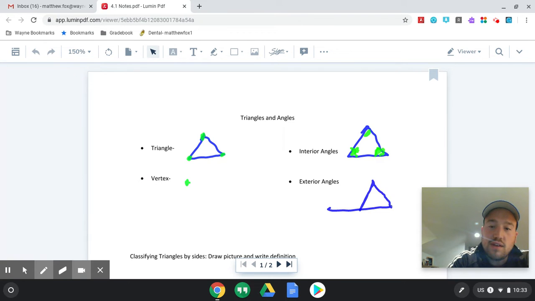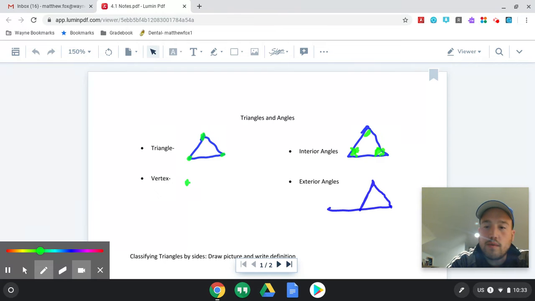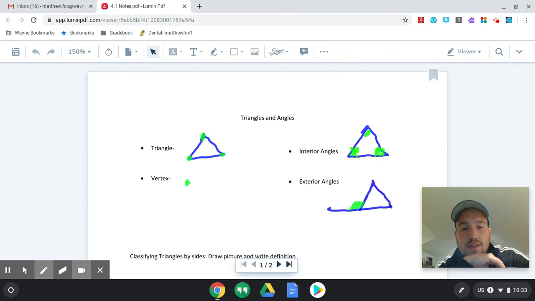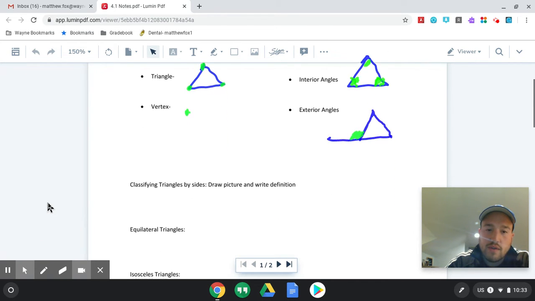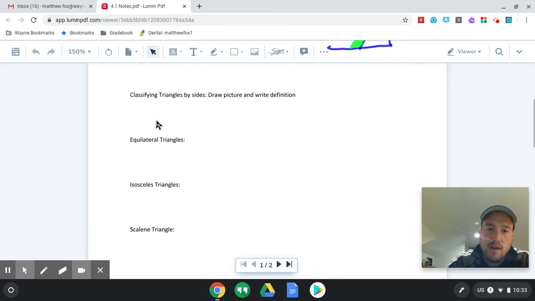If a line continues as it does here, an exterior angle is formed on the outside. Exterior sounds like exit. Think back to last chapter when we had interior and exterior, alternate interior, alternate exterior angles. Right here it's on the outside, but it's still formed an angle. So, a couple of vocabulary words here, and now we're going to keep going.